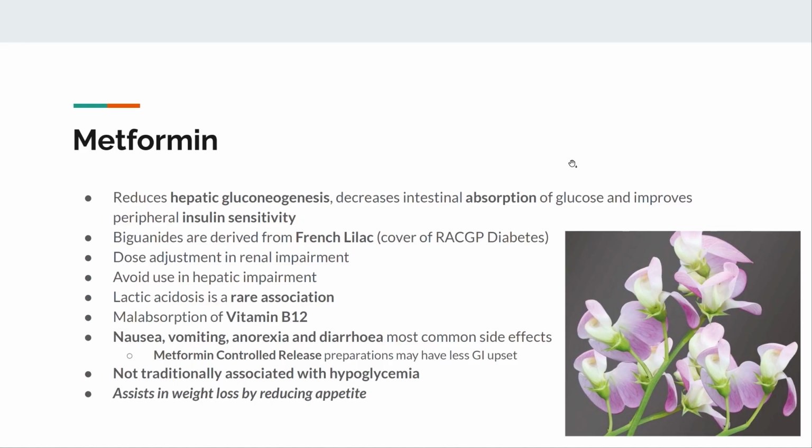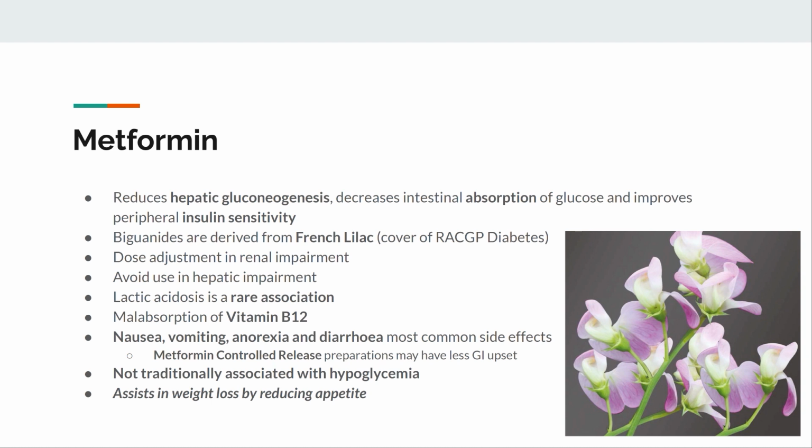So metformin, the way it works is it prevents the liver from making sugar, it prevents intestinal absorption of sugar, and it makes your peripheral tissues more sensitive to insulin in order to promote glucose uptake. It's derived from the French lilac, which is the cover of the guideline.